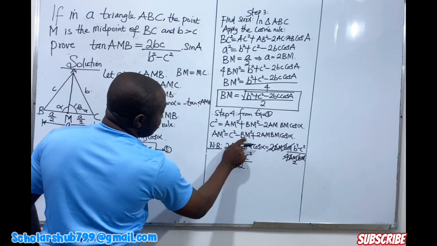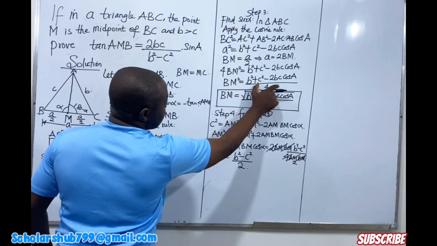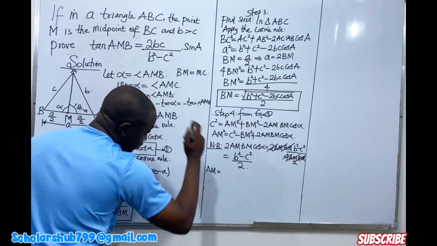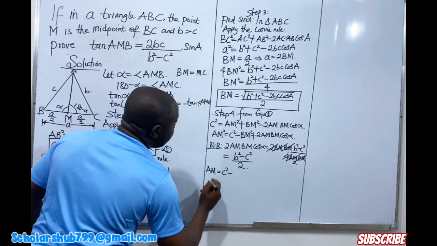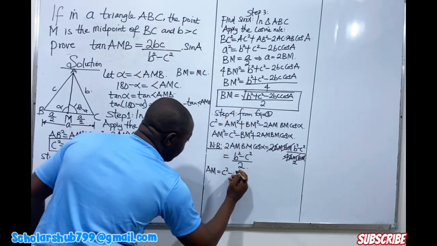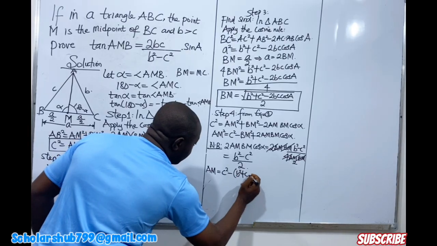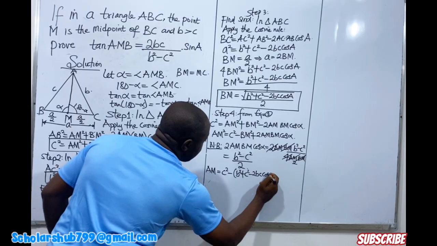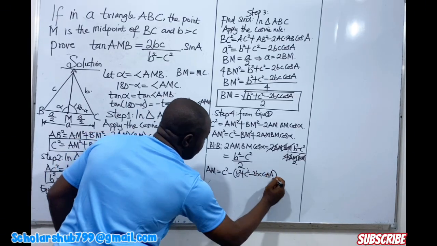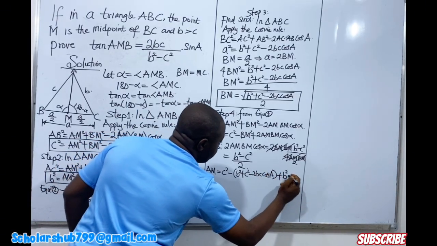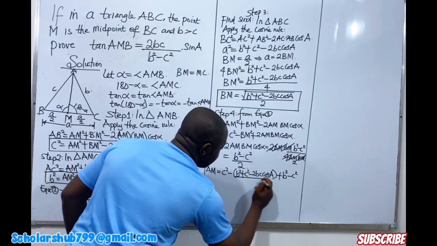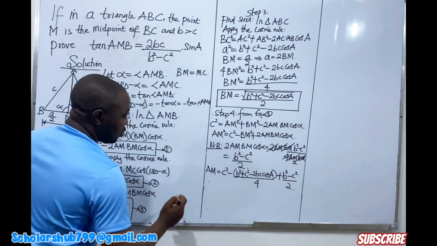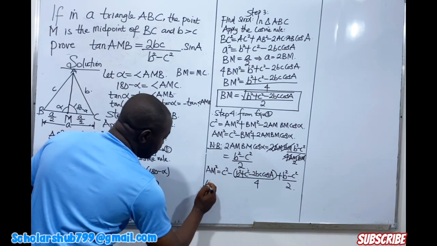Then we know that BM squared is this guy here. So we have AM squared equals c squared minus BM squared, that will be b squared plus c squared minus 2bc cos A, plus b squared minus c squared. So this will be divided by 4 and this will be divided by 2. So this is still AM squared.